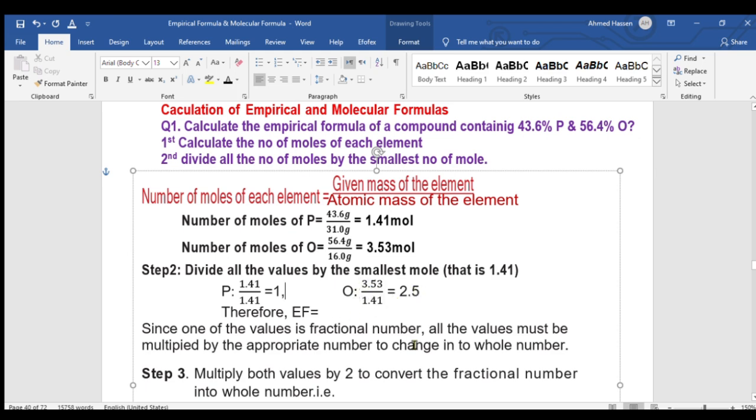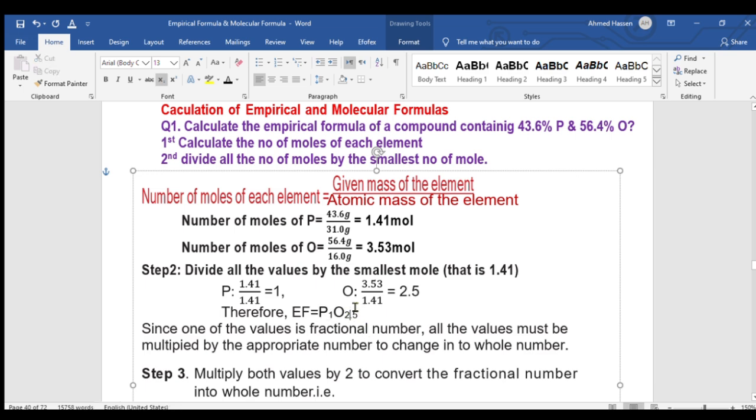Therefore, the formula of the compound becomes P1O2.5. But here, the number must be converted into a whole number because it is a fractional number. The subscripts must be whole numbers.